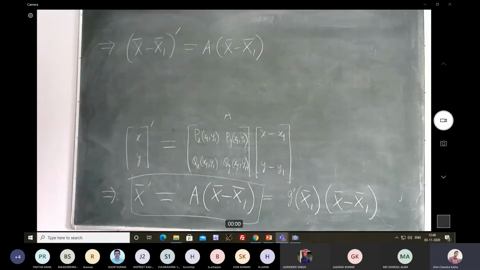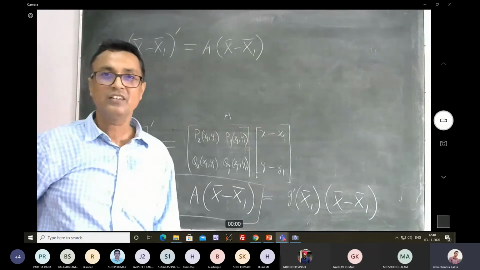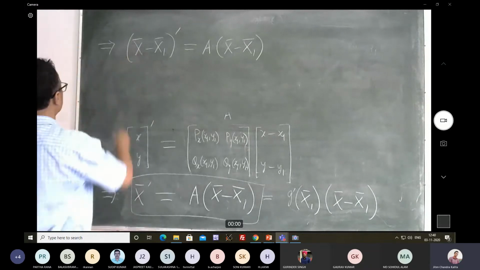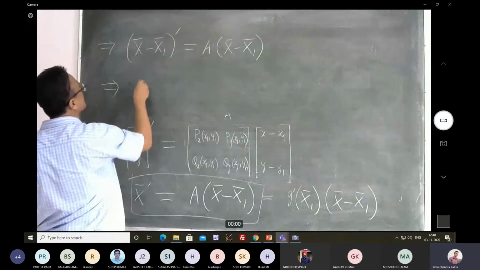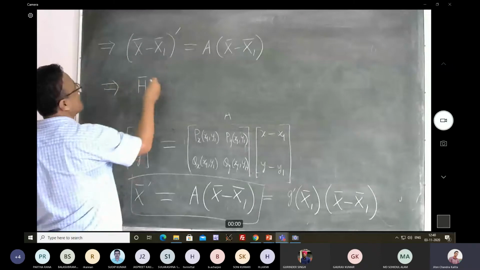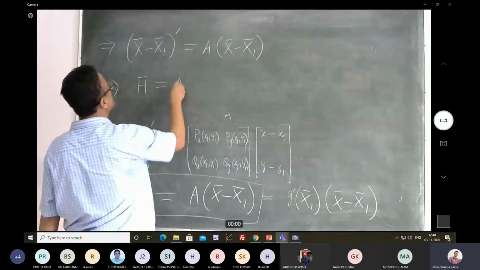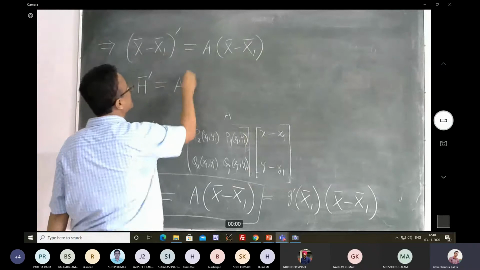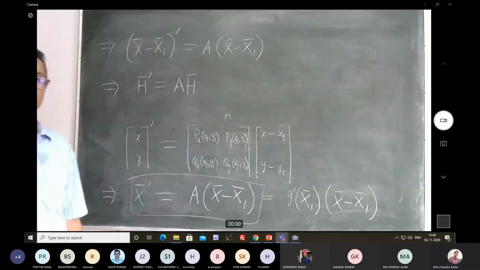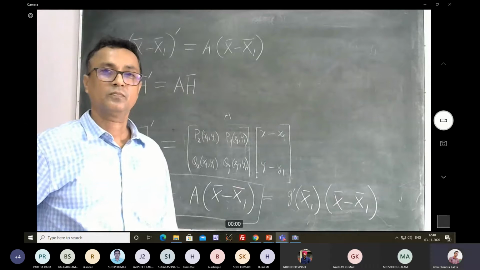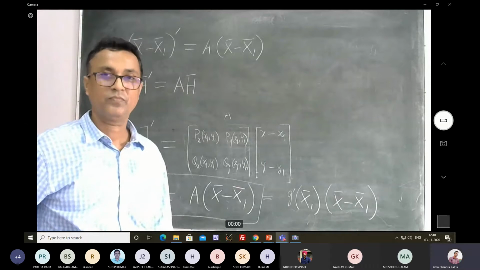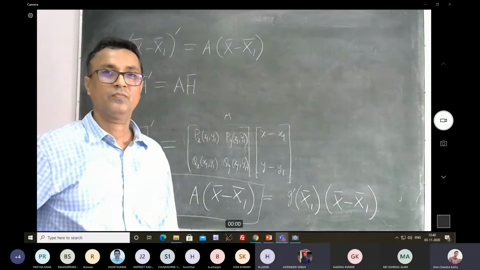Because x1 bar being a fixed constant vector, the derivative of that is going to give you 0. Fine? So that is why I can write it as this as well. So if I substitute for this simply the vector h bar, this is going to give me h bar prime is simply A h. Right?